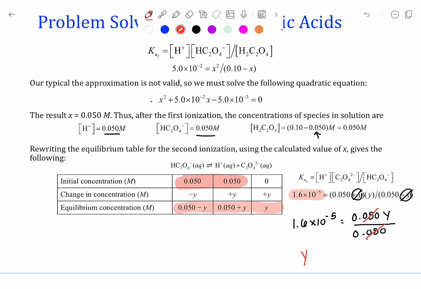So y is equal to 1.6 times 10 to the minus 5 molar. So that's what we would plug in here, and we wouldn't need to plug it in here or here because we saw those changes as negligible.